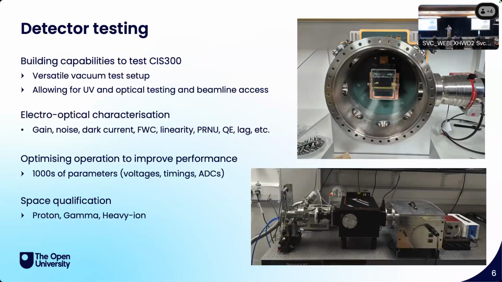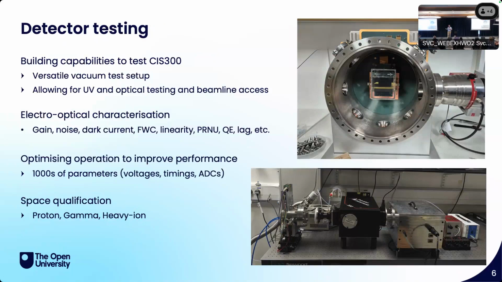As Belitech would say, luckily Teledyne doesn't produce perfect sensors, because that means we have a lot of work on testing and characterizing these devices. So we built this test setup with a big vacuum chamber.